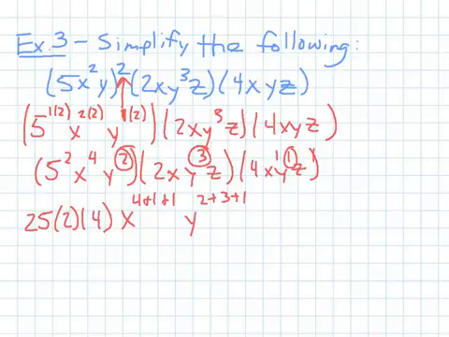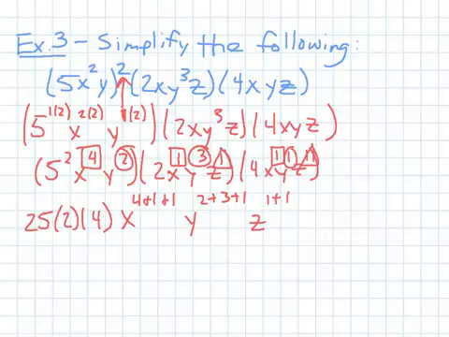Maybe we should use different boxes. Okay? And then for the z, notice that the first term doesn't have a z in it, but the second two do. So there's a 1, 1. Okay? So now I'm just going to simplify it.